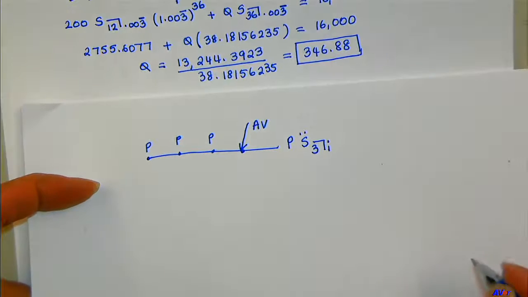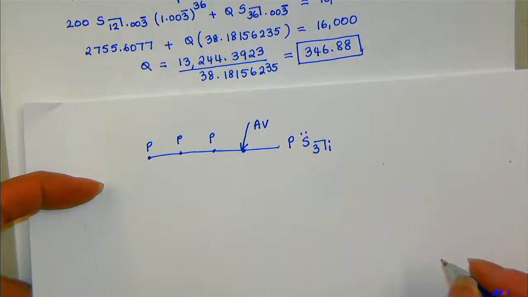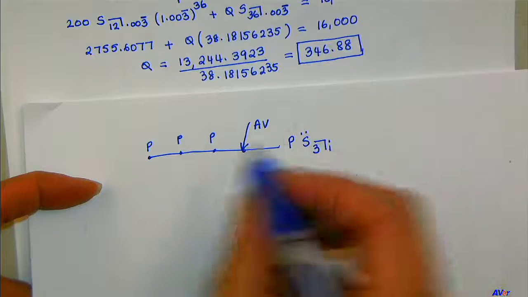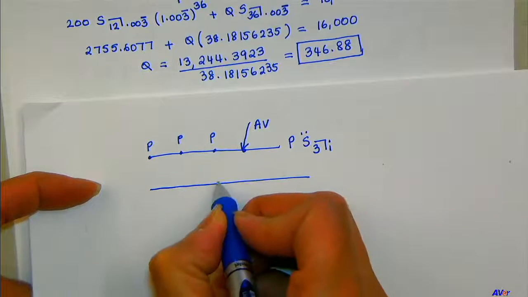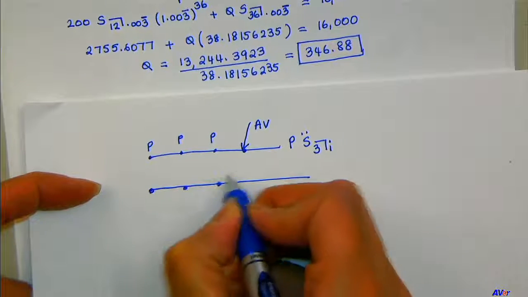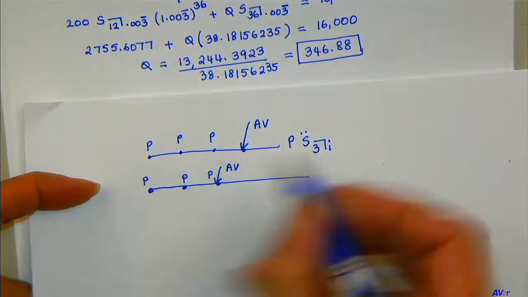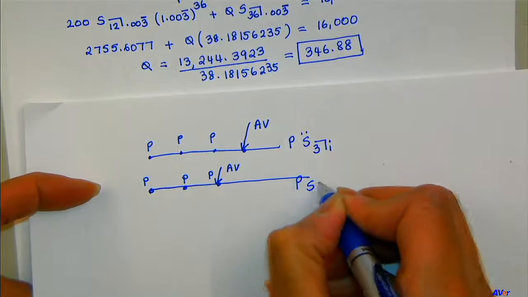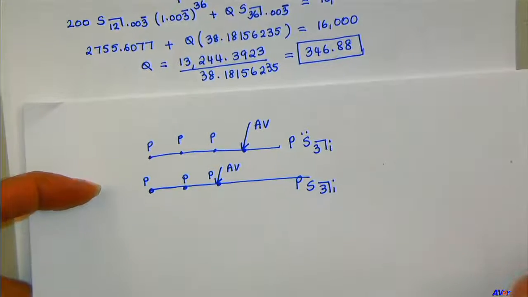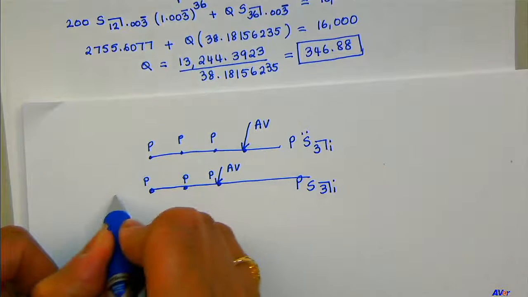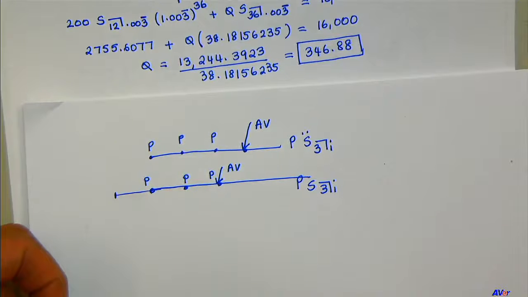Notice that I'm looking for the accumulated value 1 period after the last payment of P. If I were looking for the accumulated value here, and this was P, P, P, this would be P, S angle 3, i. Doesn't matter about the starting point and all that. You follow what I mean?